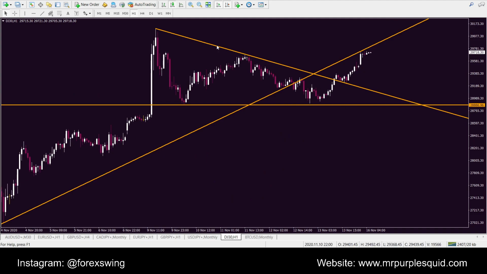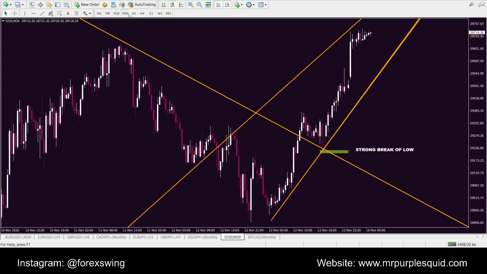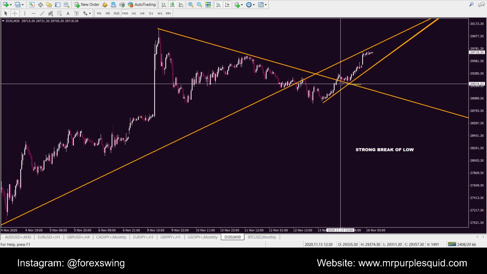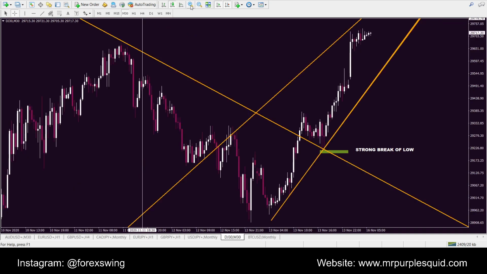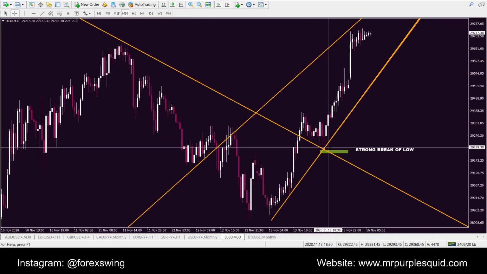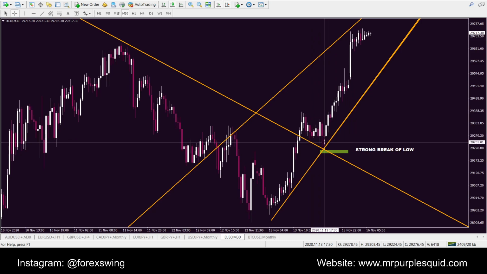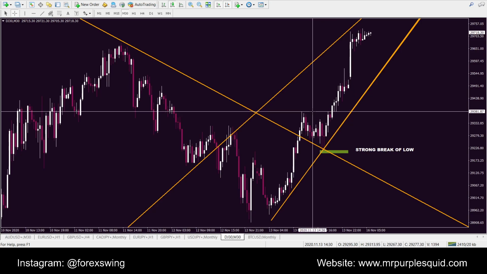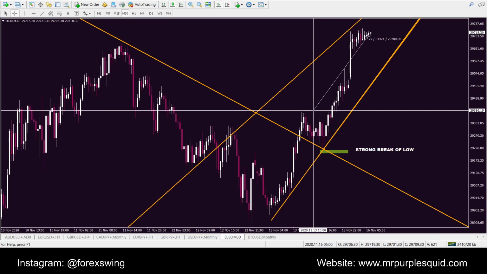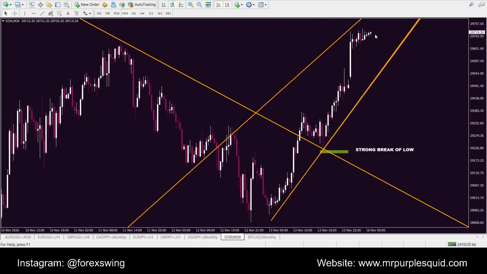Break up this. So I caught this last week, yeah. So break up this trend line, and then price found support on the back of the trend line. So as soon as I saw this, I placed my buy stop above this point, and now we are at 3,200 pips.